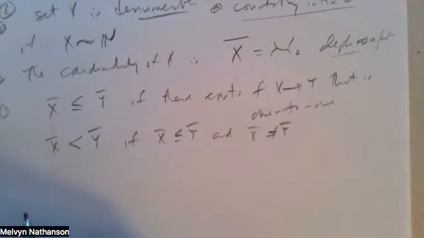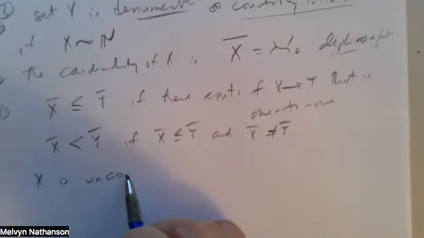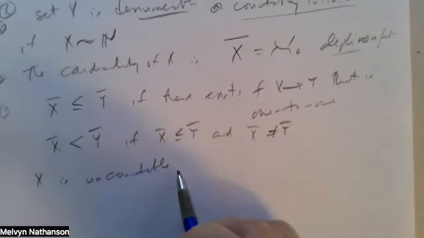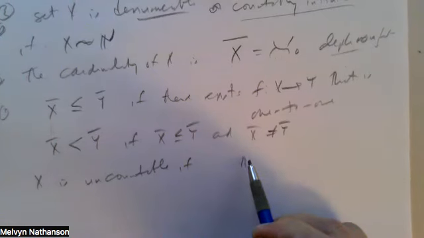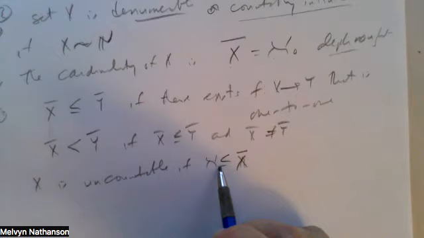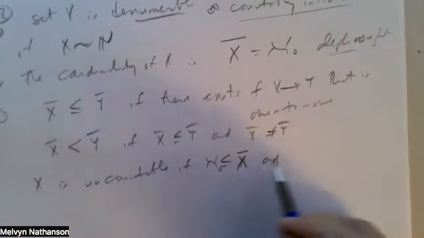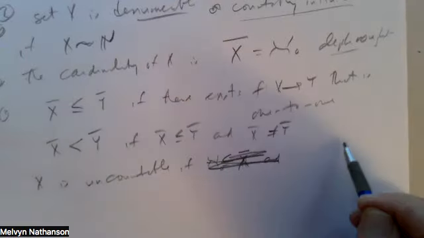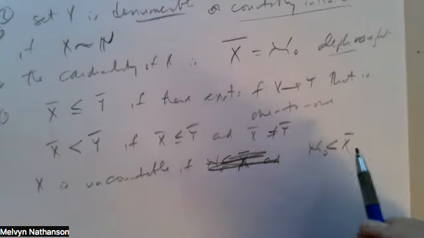And X is uncountable if the number of elements in X is greater than or equal to Aleph naught and not equal, that is, strictly bigger than Aleph naught, or strictly bigger than the number of positive integers.